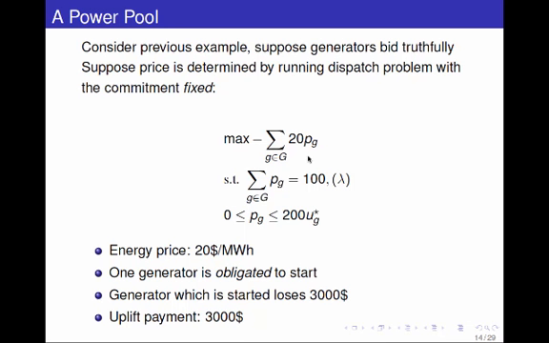Okay, so same system as before. One approach that has been recommended for determining a price for energy is motivated by the fact that once you fix the unit commitment, then you fall back to a problem with convex costs, in which you can just apply the same theory we used in real-time markets.